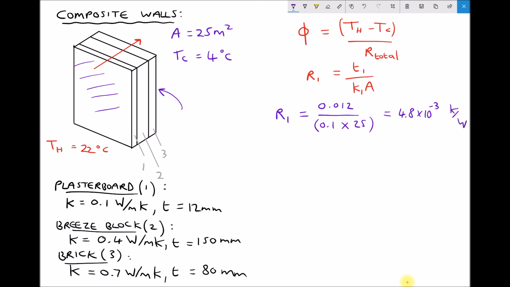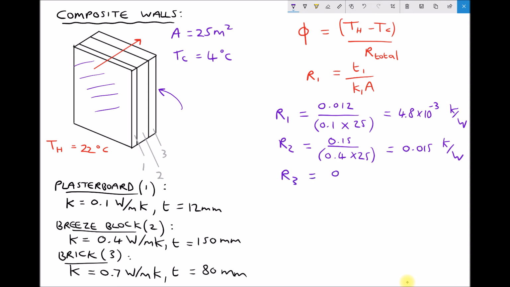Let's repeat that for the breeze block. So R2 then is the thickness of the breeze block in meters, 0.15, divided by its thermal conductivity, 0.4, times the area, giving us a thermal resistance equal to 0.015 Kelvin per watt. And finally, we have thermal resistance of the layer of brick.